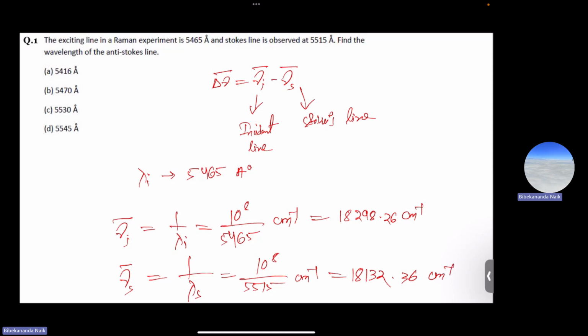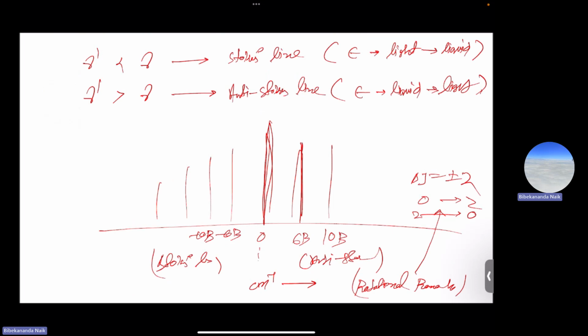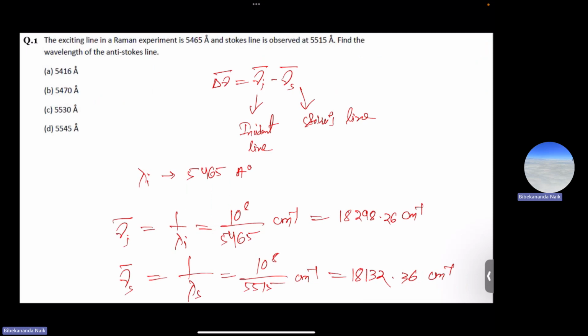Now you see the wave number of incident light is more and the wave number of Stokes lines is less. So according to our discussion also, the Stokes line appears before the Rayleigh line or Rayleigh scattering. So the value of wave number for incident line will be higher than that of the Stokes line. So what is the value of Raman shift?